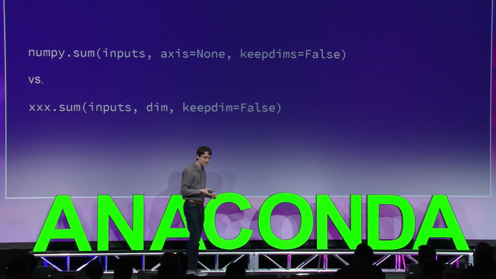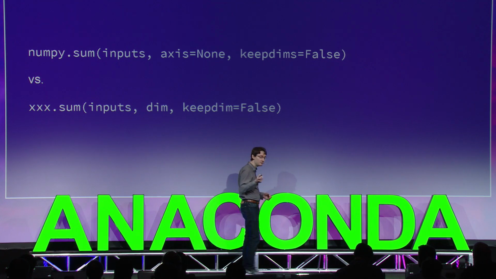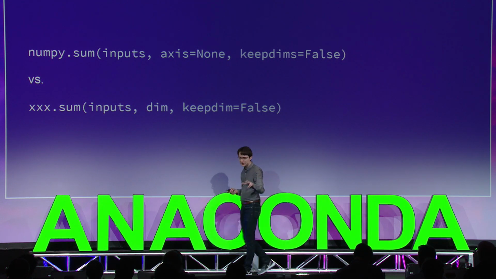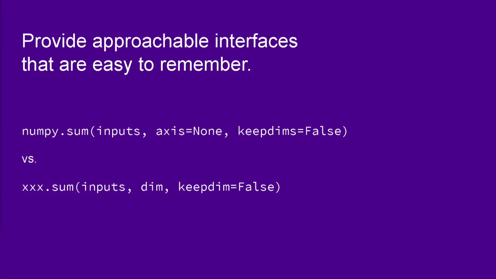And the line below is a much more recent numerical computation library. So what's wrong with it? Well, two things. First of all, it's arbitrarily deciding to rename axis to dim, which breaks NumPy conventions, but also breaks conventions with regard to how experts refer to these things. And for no good reason, like it would not have cost anything to just name this argument axis. And there's also a keep_dim argument.